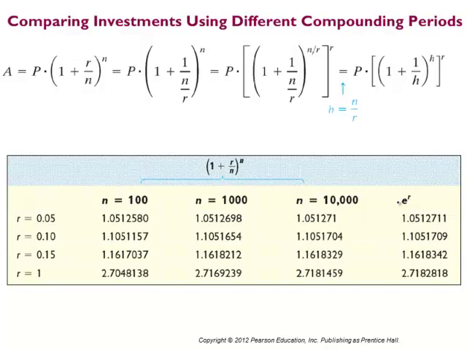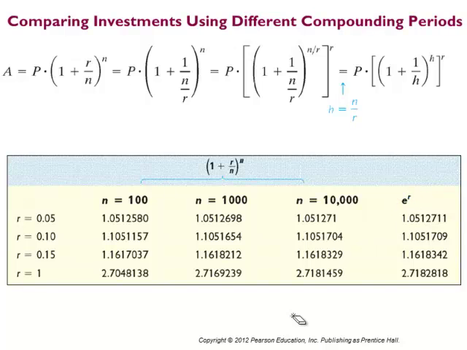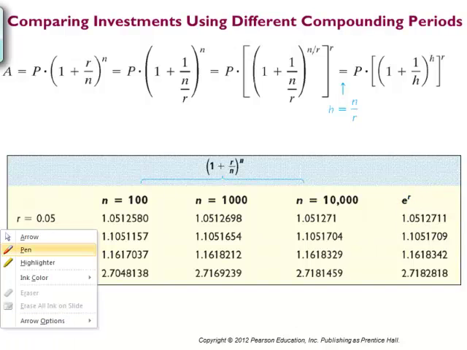The short answer is that when you pass to infinity the number of compounding periods per year, you end up with an exponential expression. Okay. How does that work out? Well, let's take a look above here.